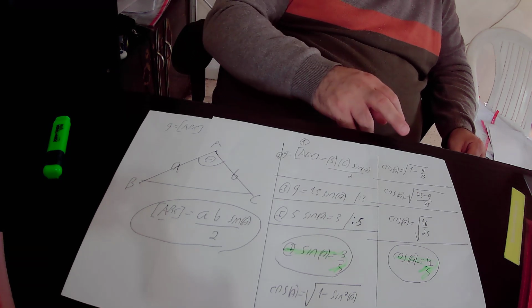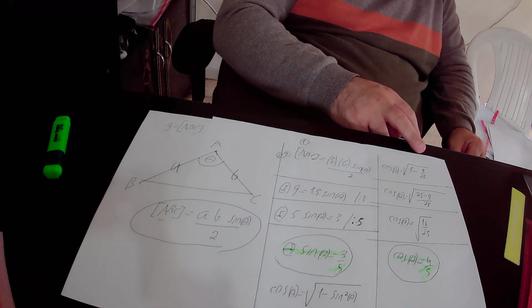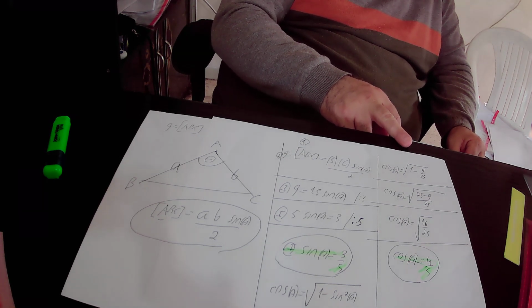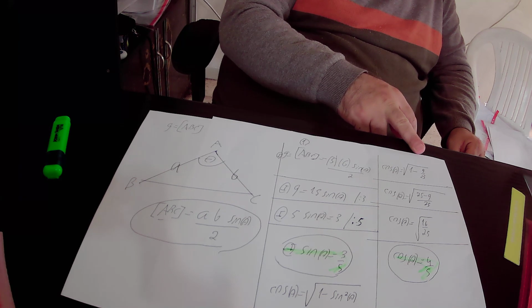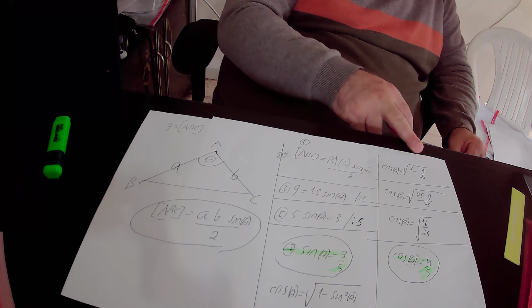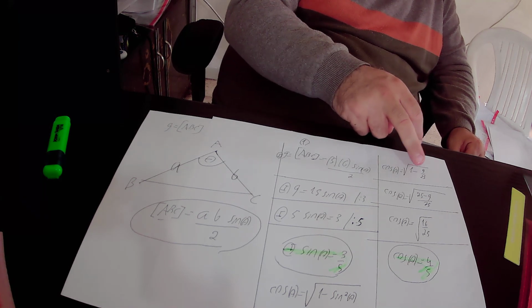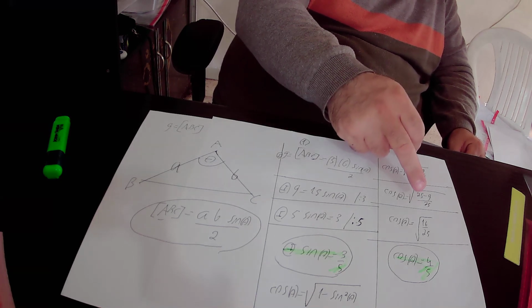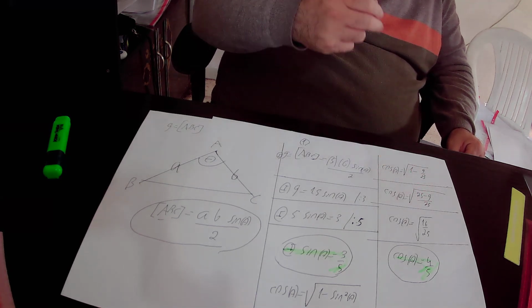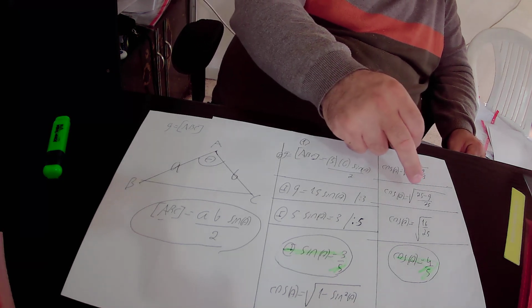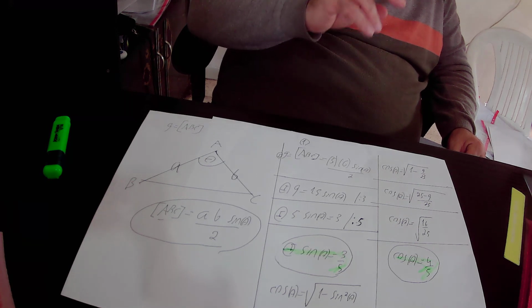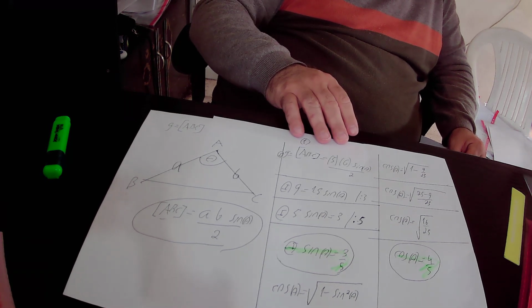So cosine theta equals the square root of 1 minus 9 over 25. We multiplied 1 by 25 and then divided by 25 in order to find a common factor. We found out that cosine theta equals the square root of 25 minus 9 over 25. 25 minus 9 is 16, so it is 16 over 25. The square root of 16 is 4, and the square root of 25 is 5. In conclusion, we found out that cosine theta equals 4/5.